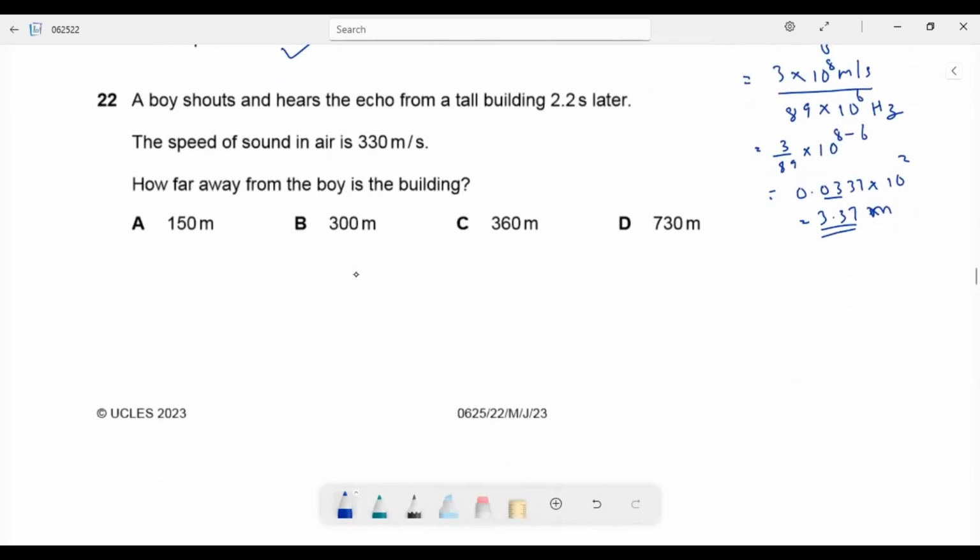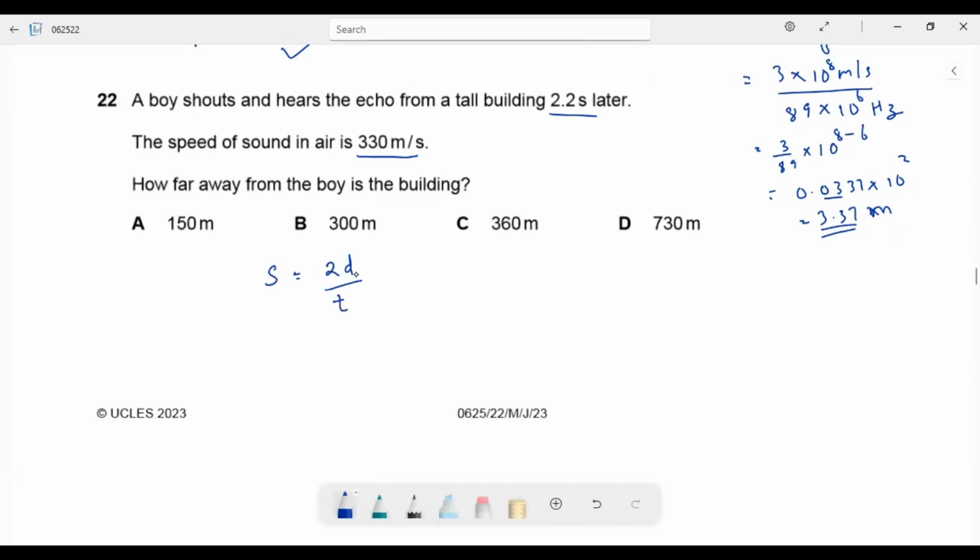A boy shouts and hears the echo from a tall building 2.2 seconds later. The speed of sound in air is 330 meter per second. How far away from the boy is the building? As he is hearing the echo, the speed can be written as 2d by t.